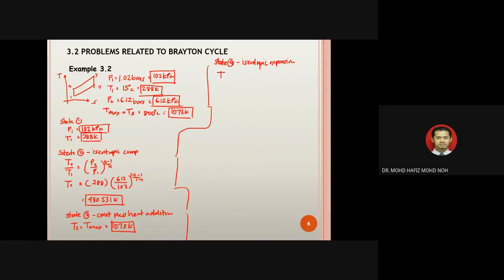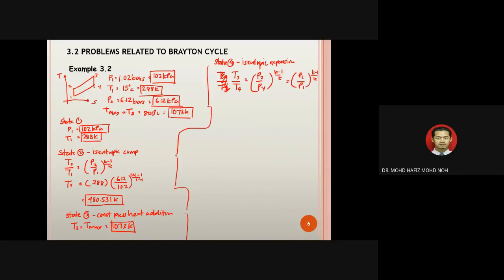We have T4 over T3, that means P4 over P3, but we just follow the last example: T3 over T4 equals P3 over P4 to the power of (k minus 1) divided by k. Since P3 equals P2, and P4 equals P1.